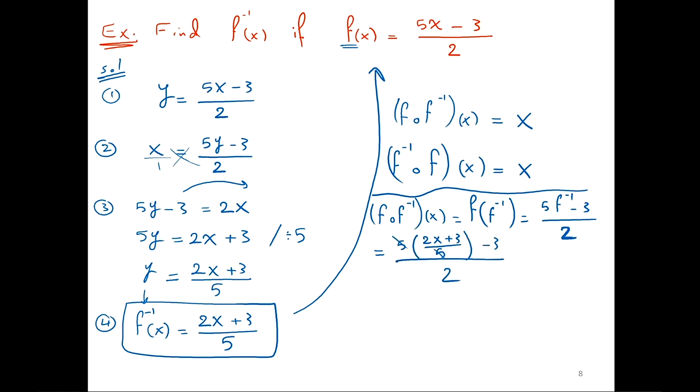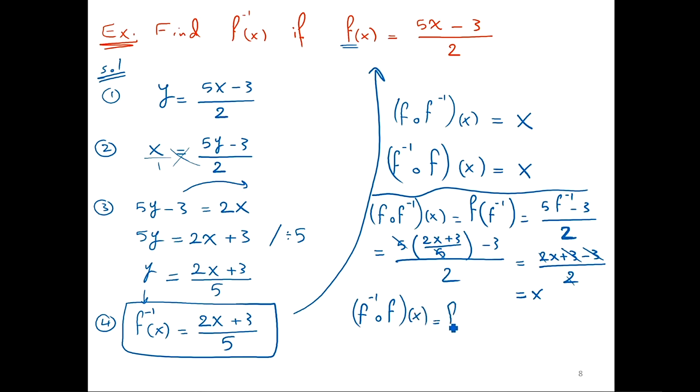We can cancel 5 with 5. So we have 2x plus 3 minus 3 over 2. Cancel 3 with negative 3 and 2 with 2, so we have x. Okay, so this is the value. Also we must check f inverse composite f.